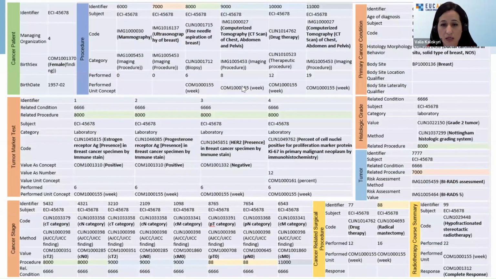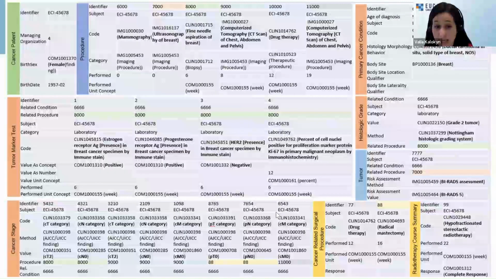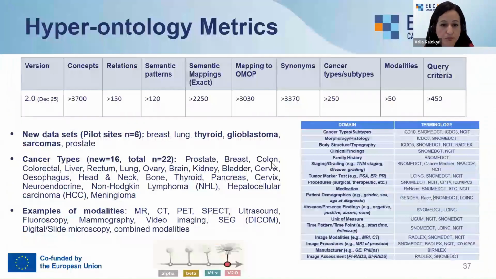And here again, it's the same representation based on this breast cancer-related information. For example, the fine needle aspiration of breast came up with these tumor markers. So we are able to associate all the procedures, the conditions, the tumor markers, the stages, where this histological grade came. For example, this one came from the aspiration of breast, etc.